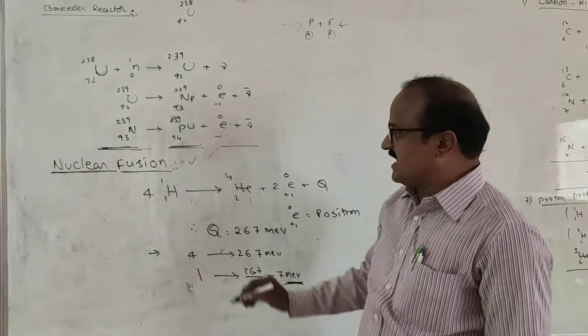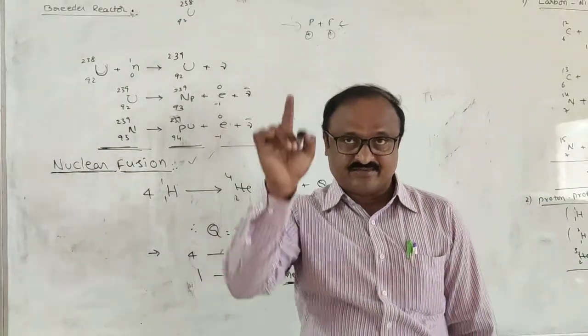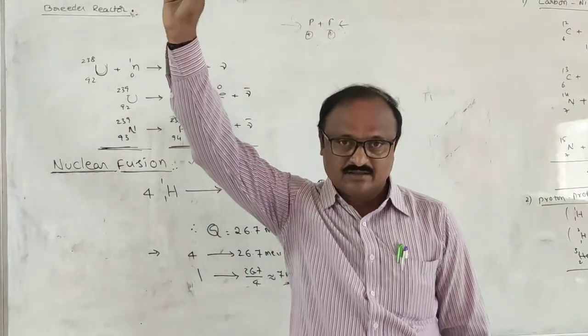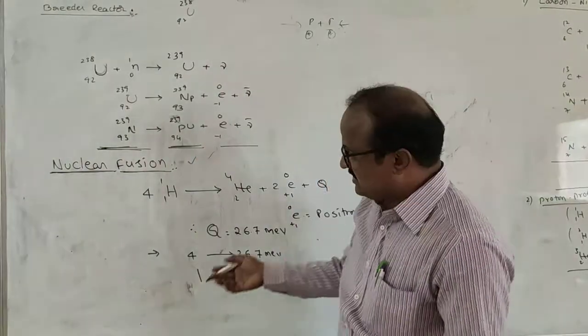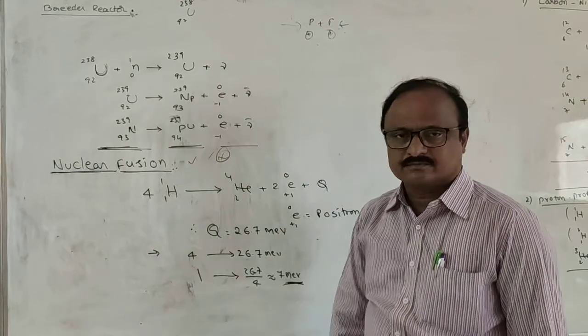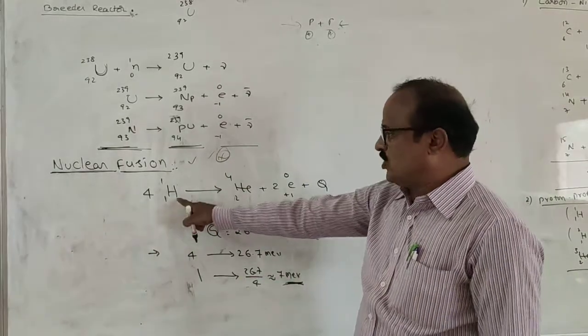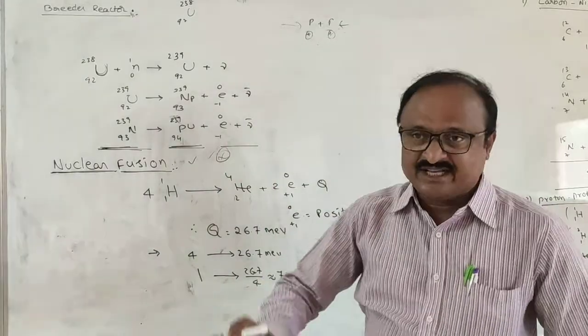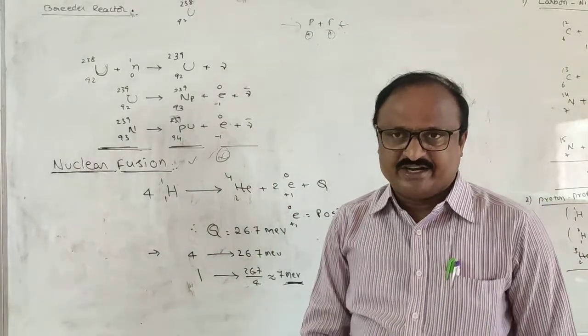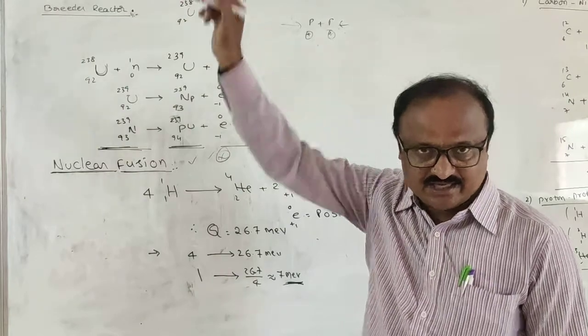So nuclear fusion reactions can take place only on the surface of stars and the sun, compared with the earth. On the earth, these are not possible. That means for 4 protons to combine, a large temperature and a large amount of heat energy are needed. It is possible at the surface of the sun.